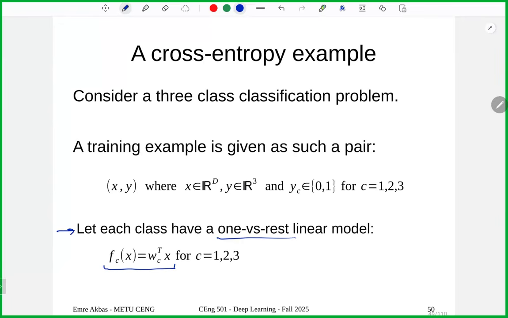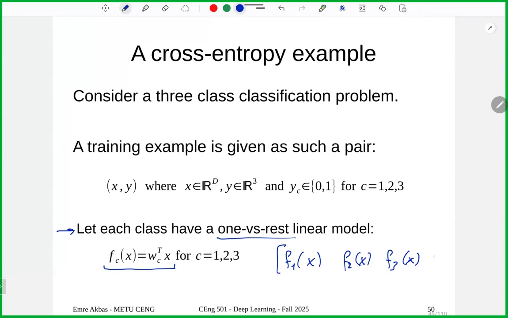X is the common input, but to compute the response or the membership to each class, we multiply X with the weight vector of that class. So Wc transpose X. This will give us three scalar values, F1, F2, and F3.